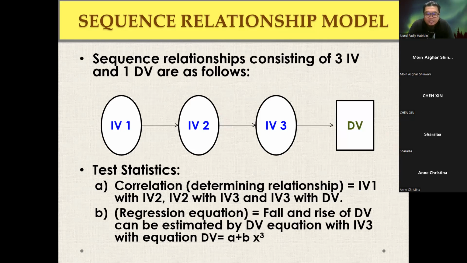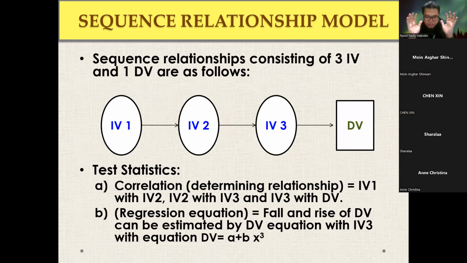If you change the drawing and the vertical position, we can see how each IV can have a direct relationship towards DV: IV1, IV2, and IV3 all can have a direct relationship with the DV.